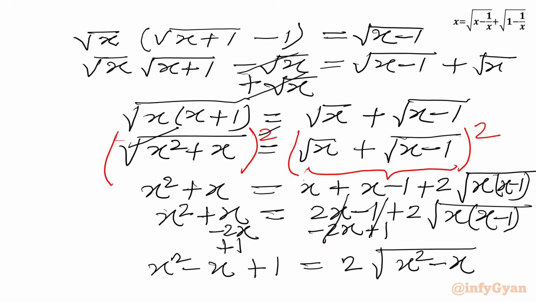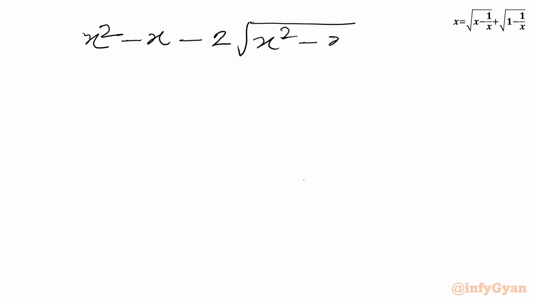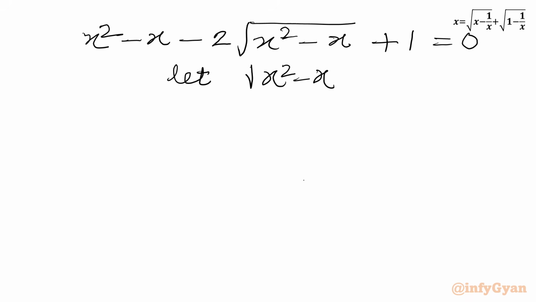We'll write all the terms on one side and we will get x square minus x, minus 2 times the square root of (x square minus x), plus 1 equal to 0. Let us assume the square root of (x square minus x) equal to u.